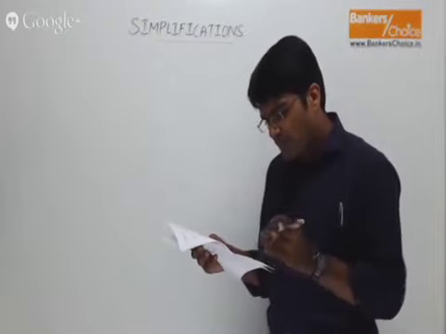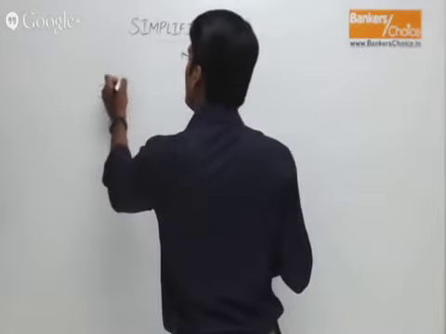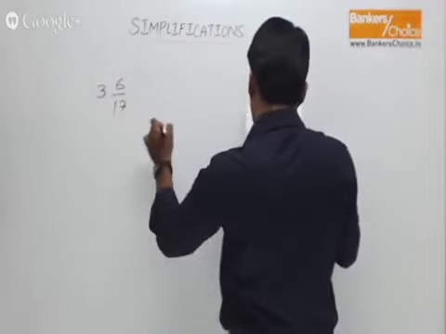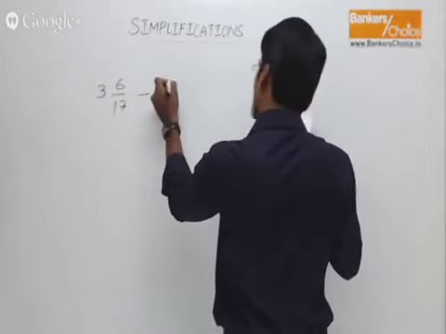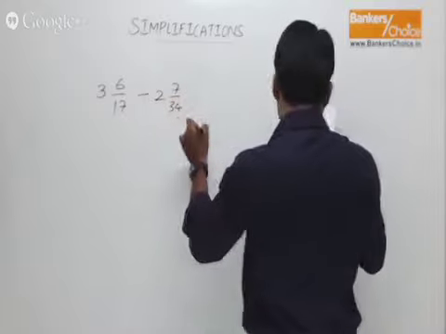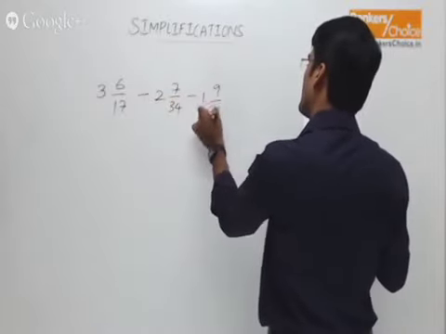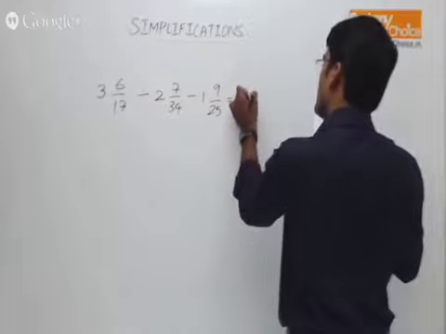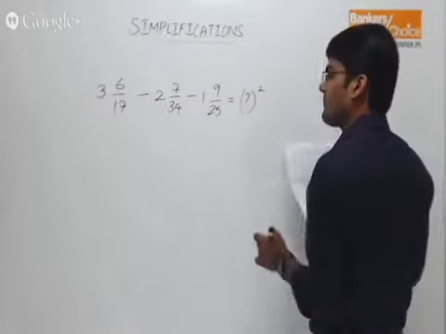For example, 3 6/17 divided by 2 7/34 minus 1 9/25 equals question mark squared.